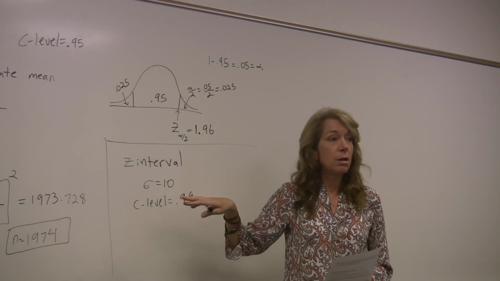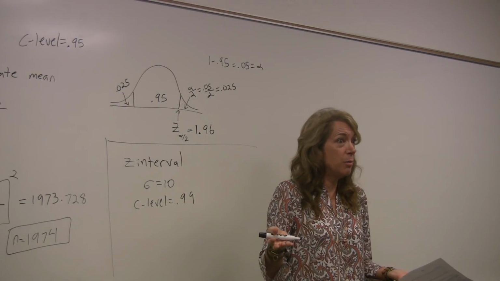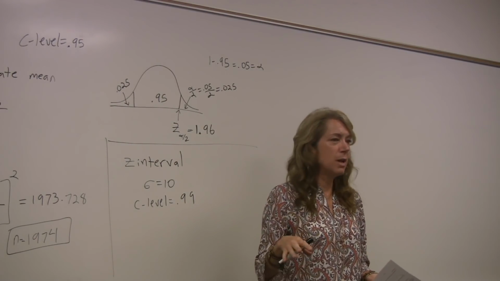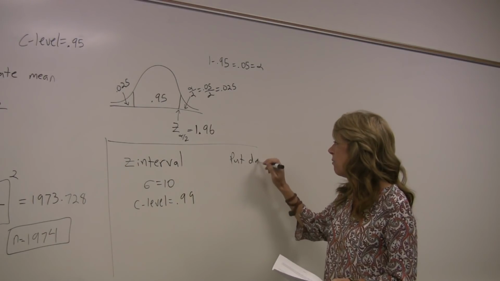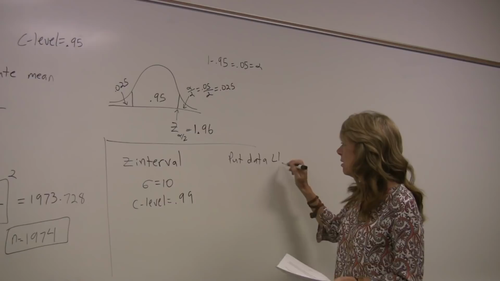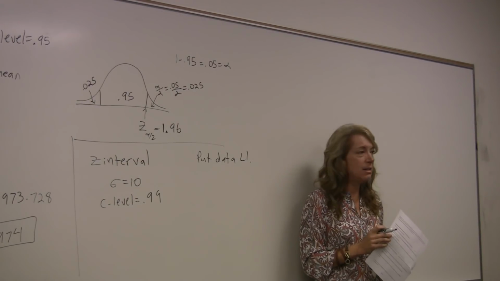So we have two choices when we do these, stats or data. Either way, we have to get the stats to do the problem, so we're going to have to put it into list 1 anyhow. So we need to put all the data into list 1, or any list that you want, but I'm going to put it in list 1. Remember way back in chapter 3, stats, edit.